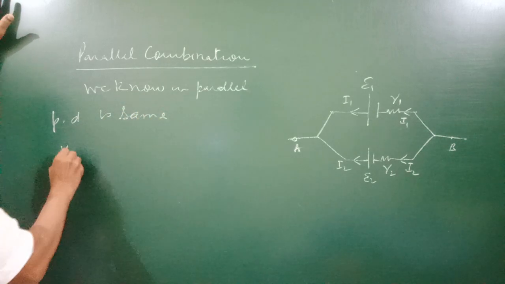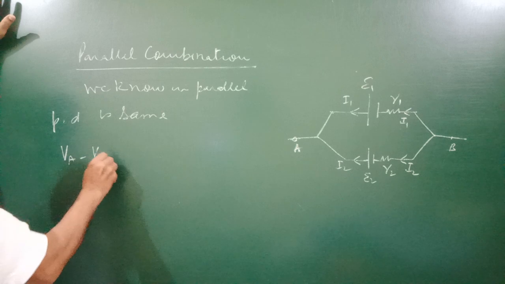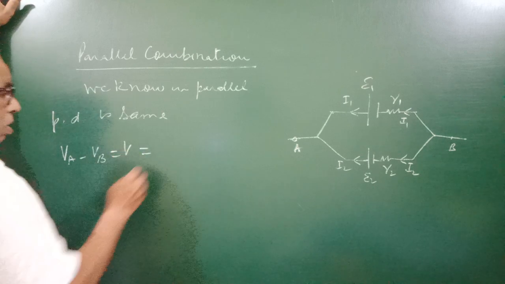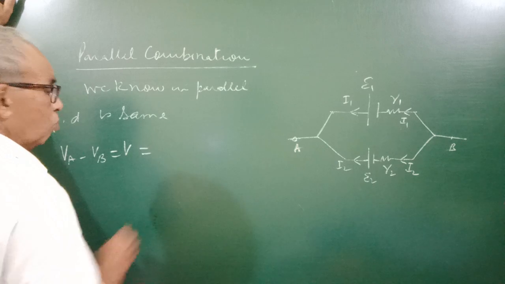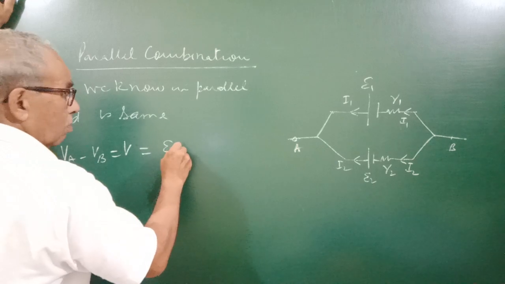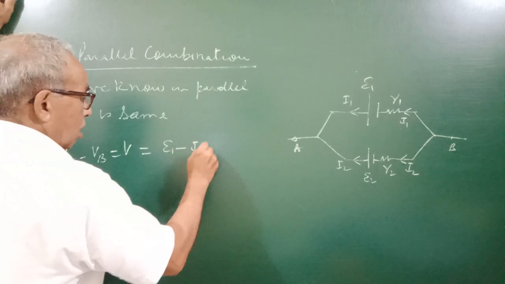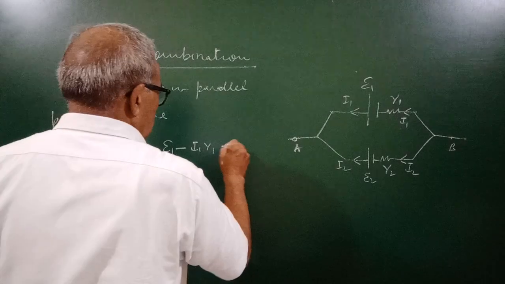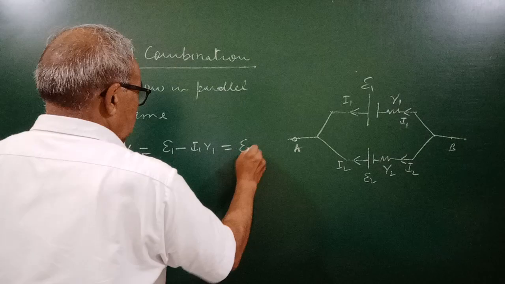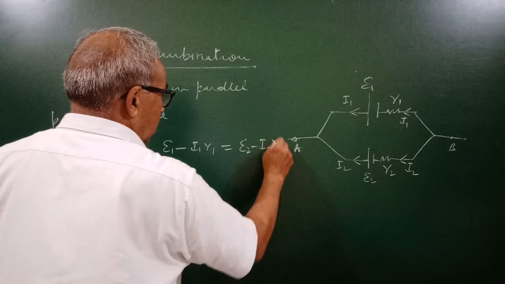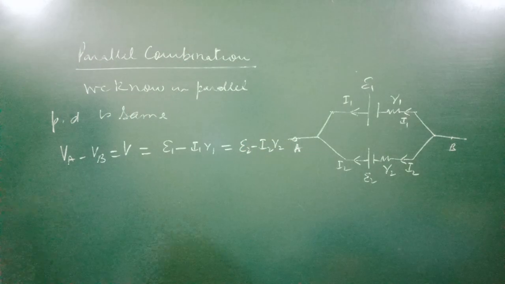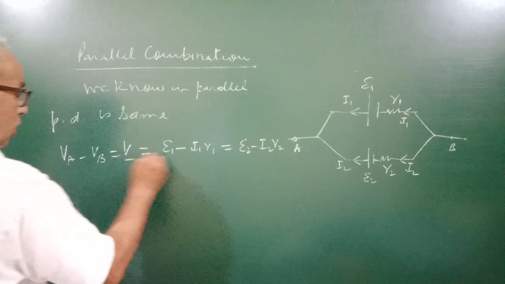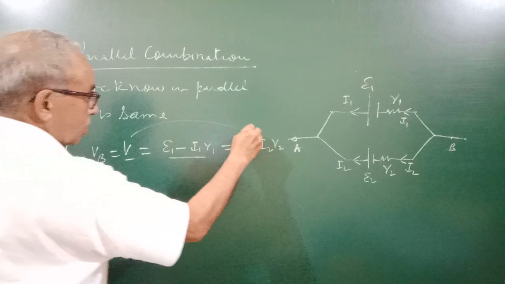So VA minus VB is equal to V. I write V here. The terminal voltage E1 minus I1R1 equals E2 minus I2R2. Using this and this, what will we get?